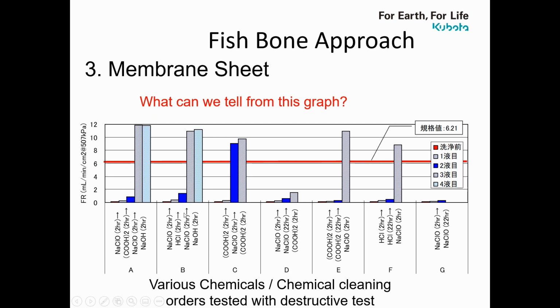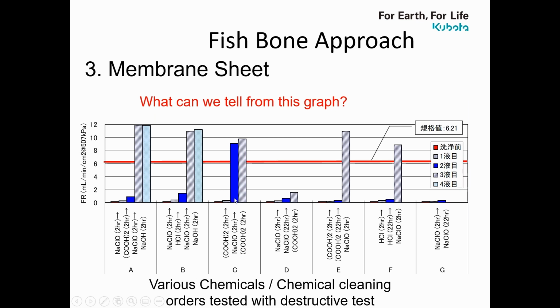The same membrane, we did hydrochloric acid after sodium hypochlorite, but neither the sodium hypochlorite nor the hydrochloric acid alone cleaned. But after doing sodium hypochlorite, hydrochloric acid, and another sodium hypochlorite, it cleaned. Another run of the testing, we did oxalic acid clean, did not recover.